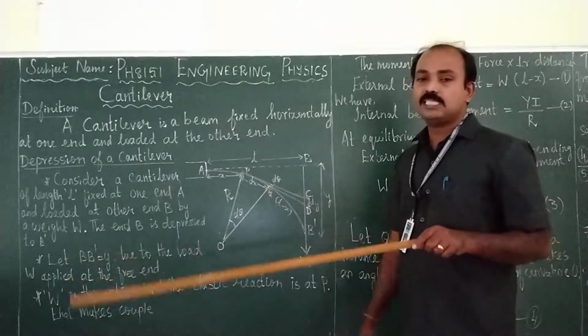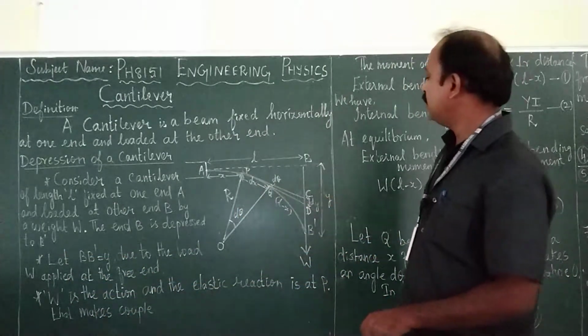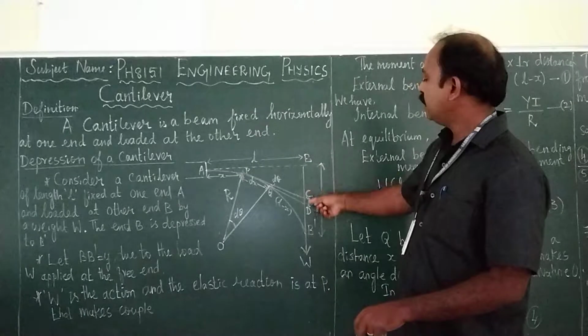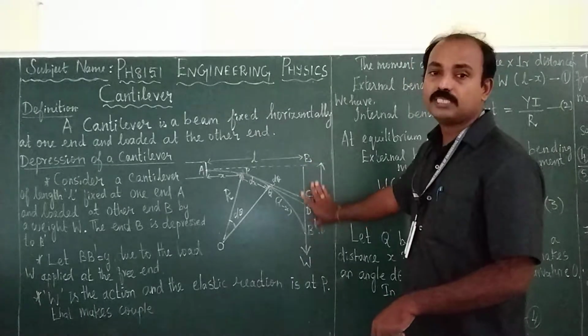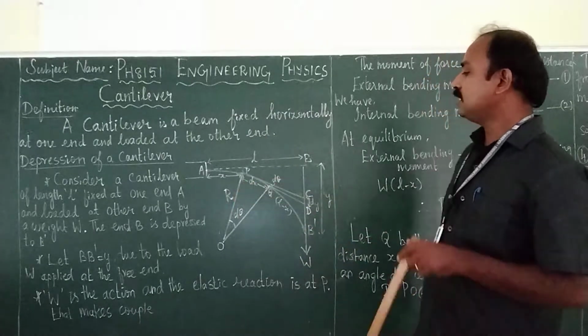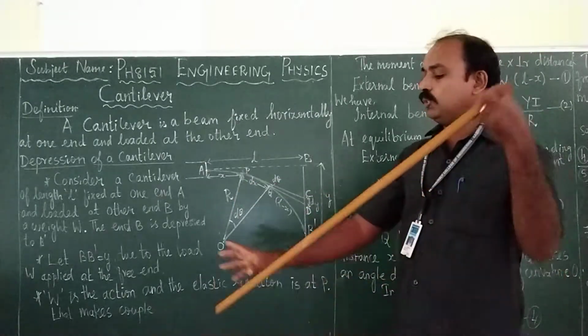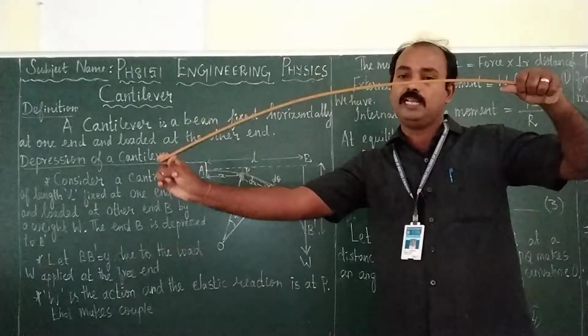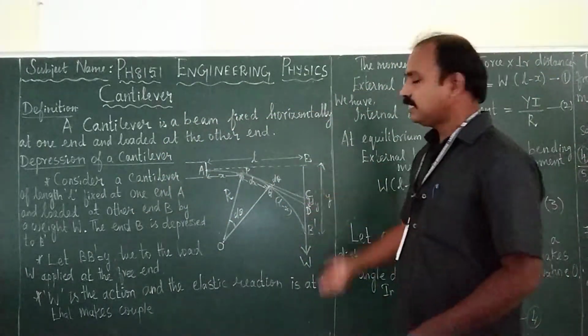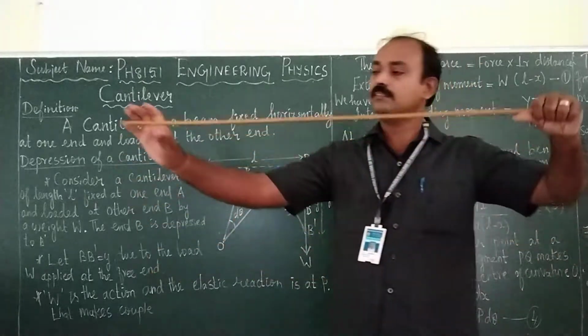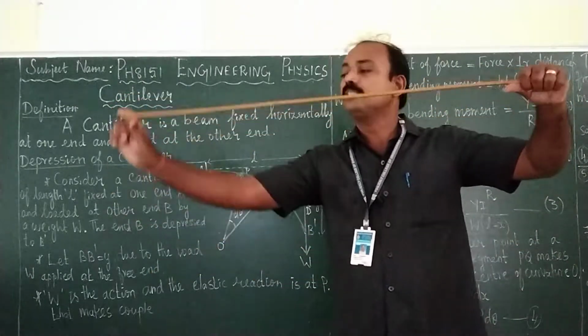Let P B dash, the total depression, be Y. P dash is equal to Y, that is due to the load at the other end. Then W is the action, the added weight.